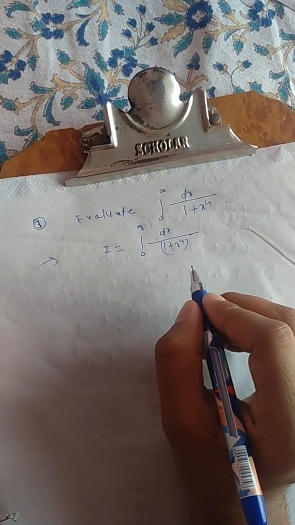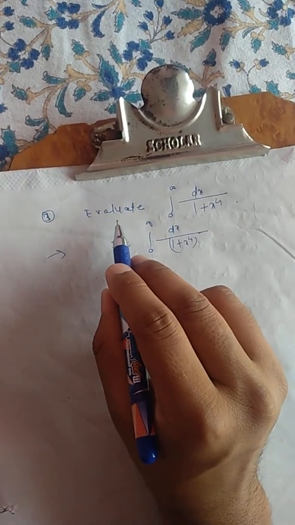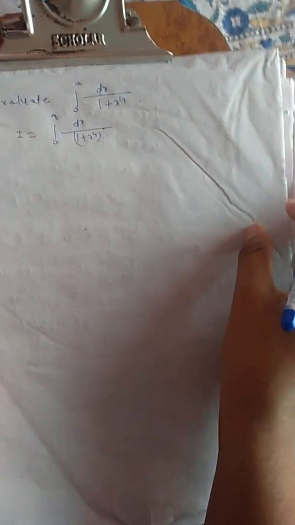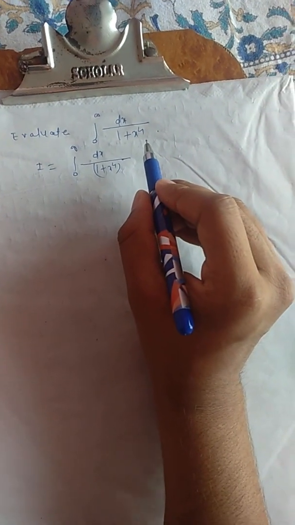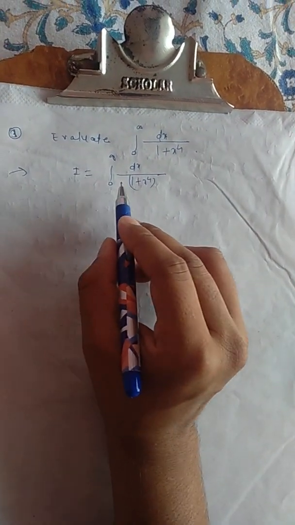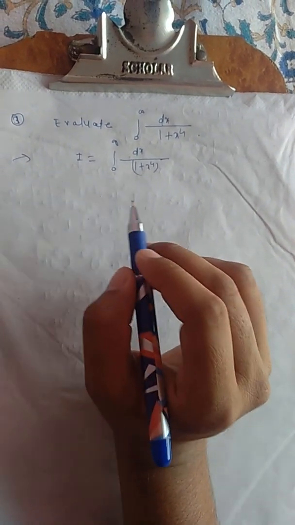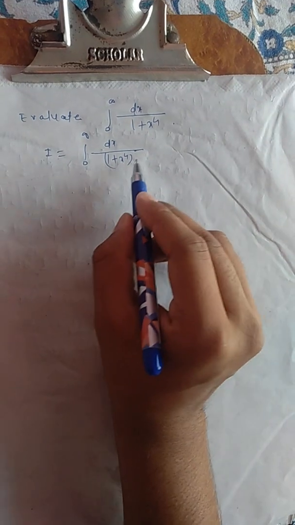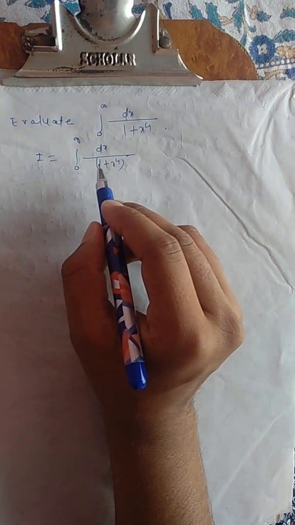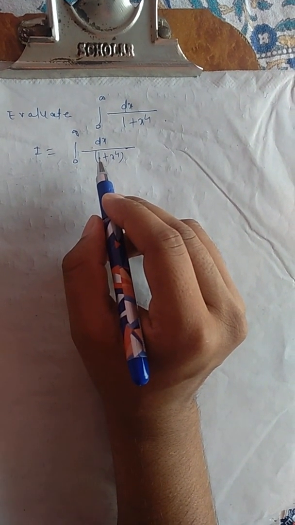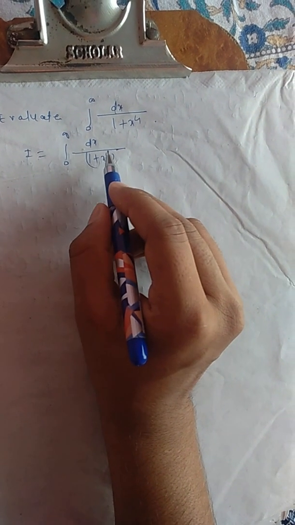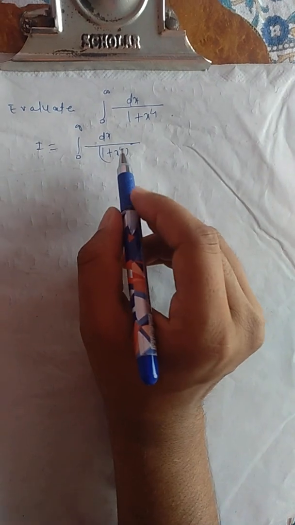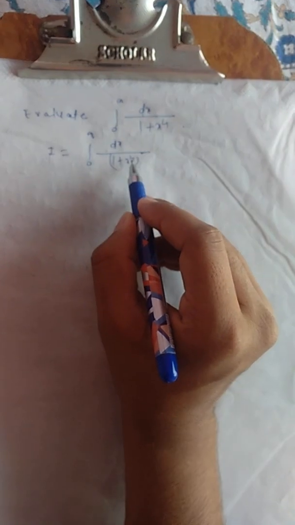Now considering one more problem, so evaluate the integration from 0 to infinity dx upon 1 plus x to the power 4. Now considering I is equal to that integral, therefore first we are converting it into the form of sine and cos, because we cannot directly use the definition of beta function, because 1 plus x raised to 4 is there.